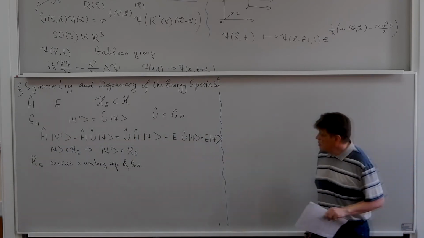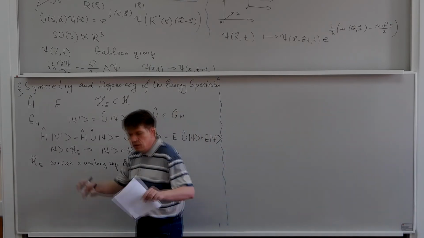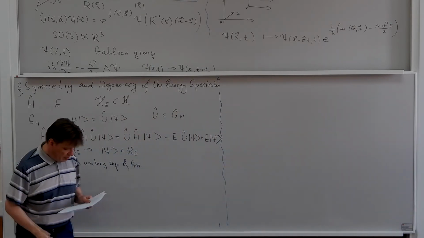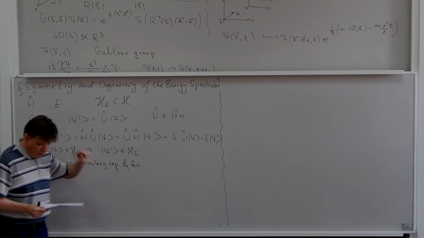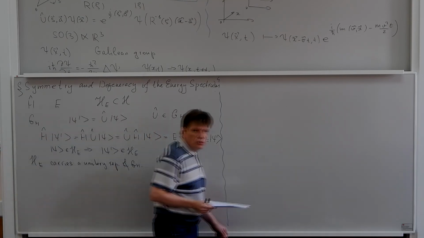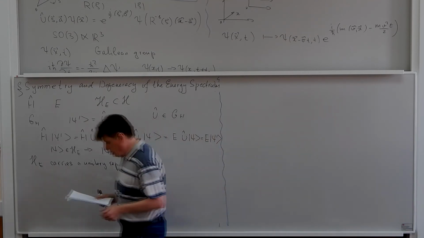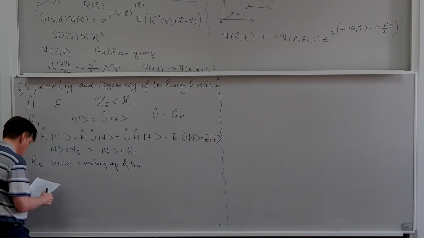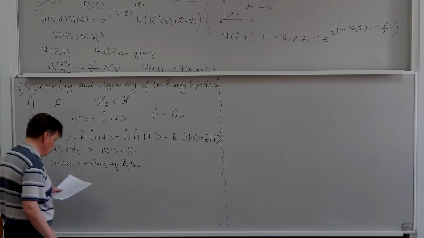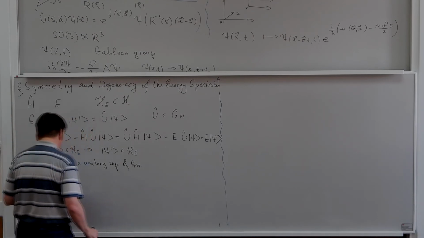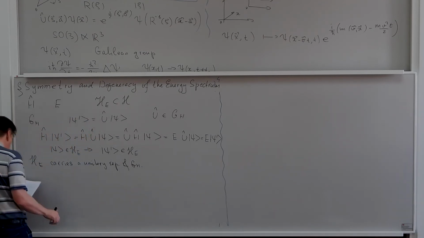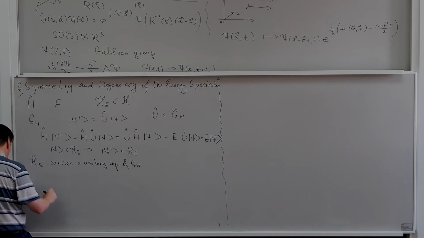If this symmetry group G_H is big enough, this representation is most often irreducible. Anyway, being unitary, it decomposes into the direct sum of irreducible representations associated with invariant subspaces.